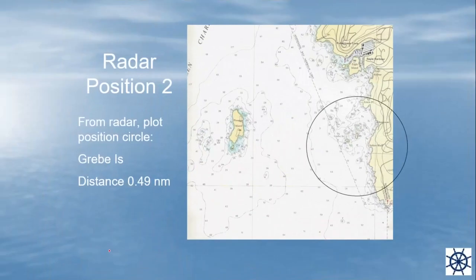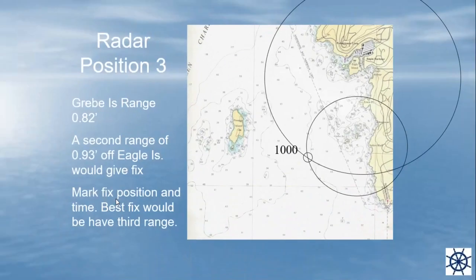And using the reference point of Gibby Island, from radar, plot a position circle, Gibby Island 0.49. Then Gibby Island is 0.82. Second range from Eagle Island, from this point to this point.